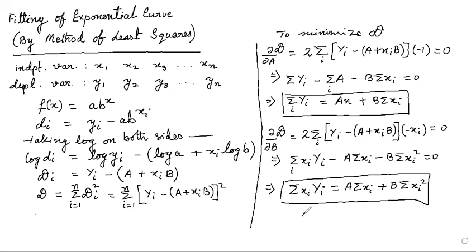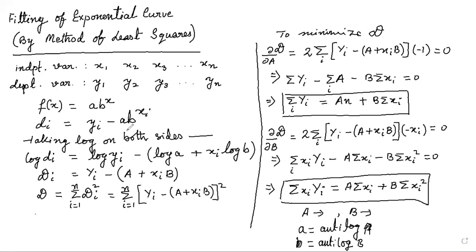So from these two equations we will be getting the value of A and the value of B. Then small a will be obtained by taking anti-log of capital A. Similarly, small b will be obtained by taking anti-log of capital B. So likewise, we will be getting small a and small b, and the corresponding curve will be obtained, fx equals to a b to the power x.